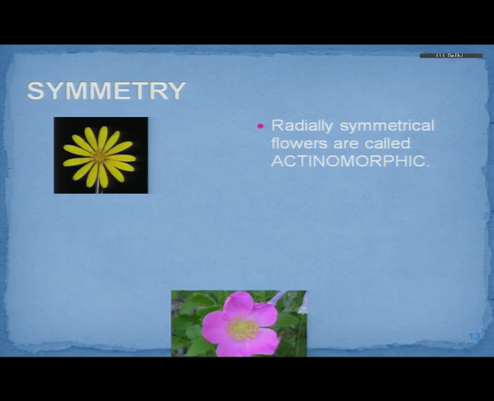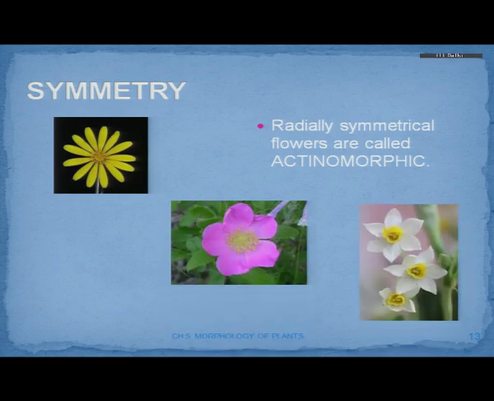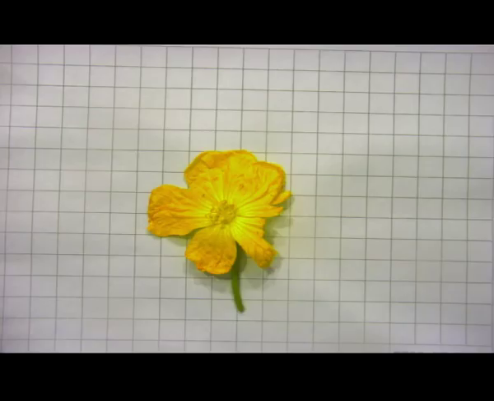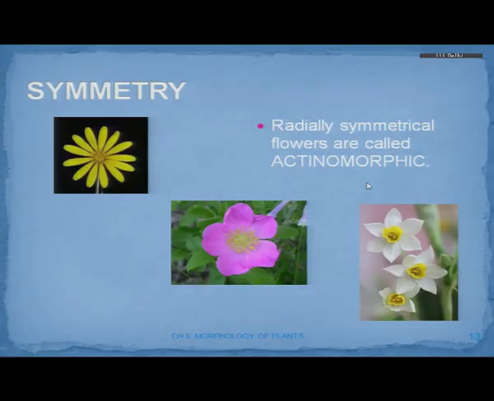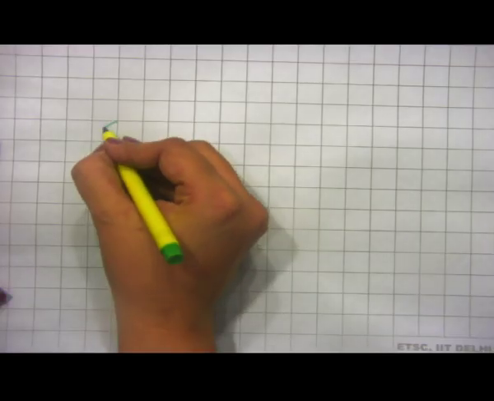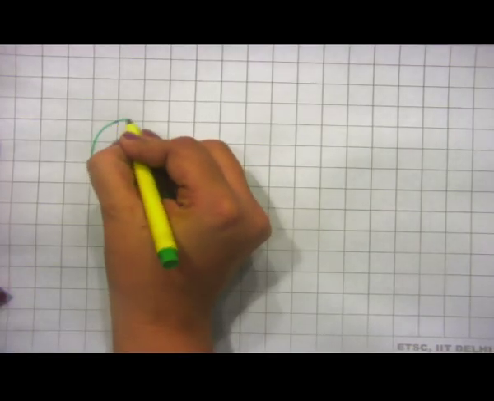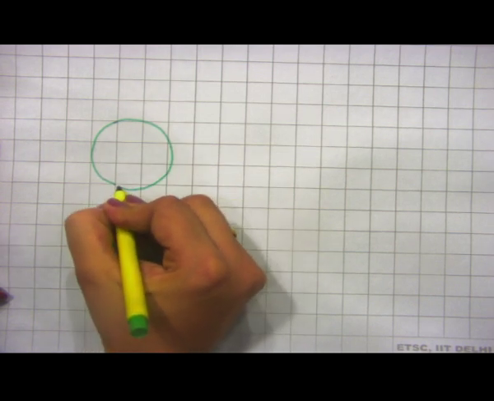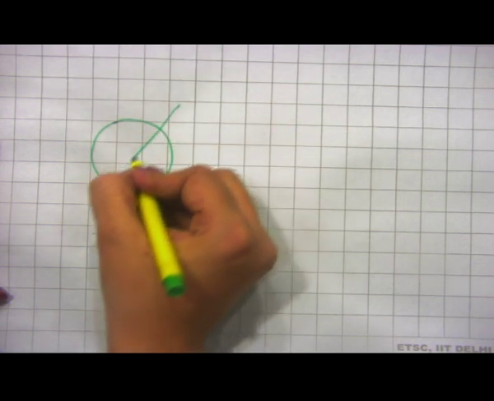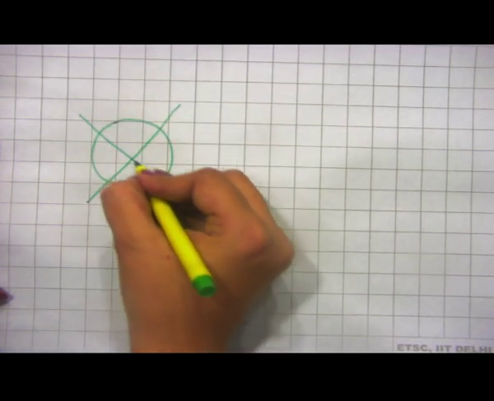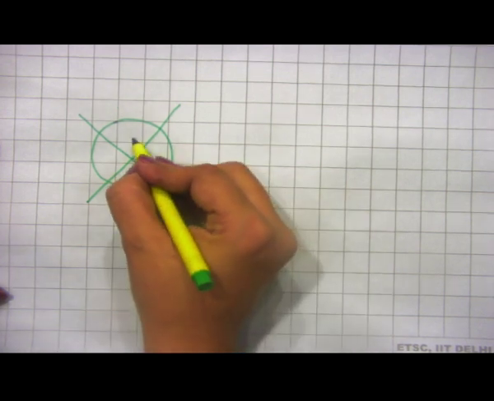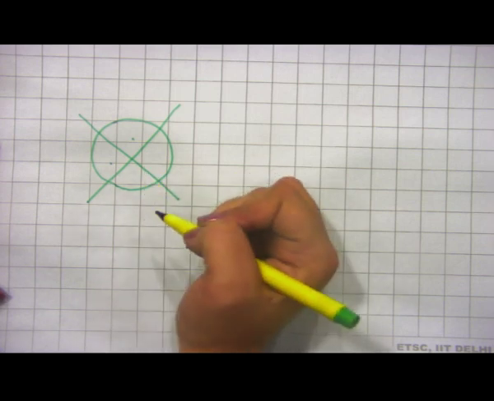Now talking about the symmetry, flowers can be radially symmetrical, and these radially symmetrical flowers are known as actinomorphic. Do you know the meaning of the term radially symmetrical? Well, radially symmetrical means that when you cut this structure in any vertical plane passing through the center of the structure, you will get two equal halves.